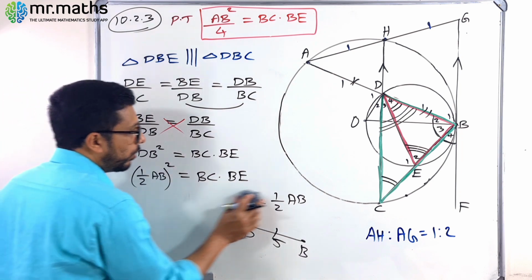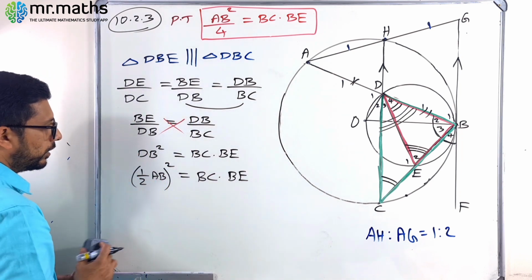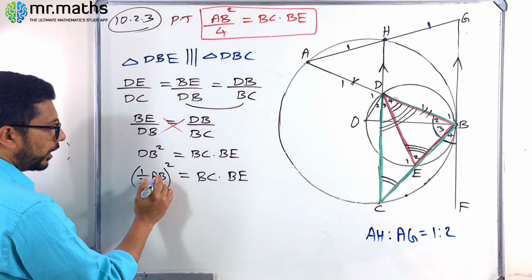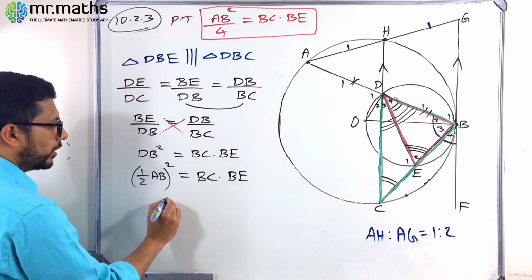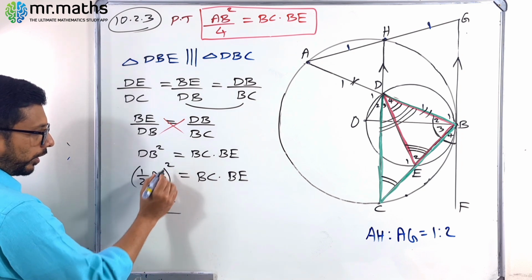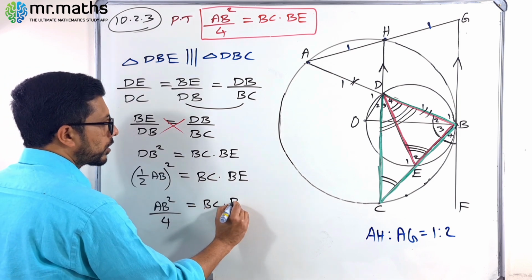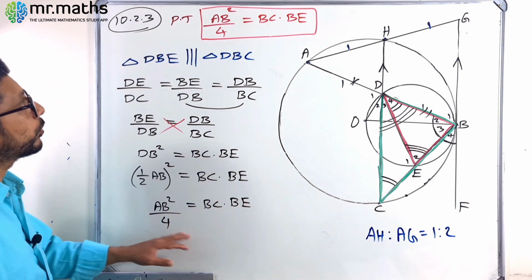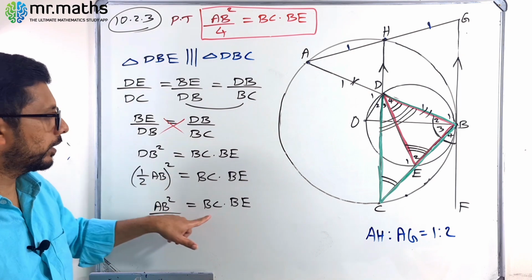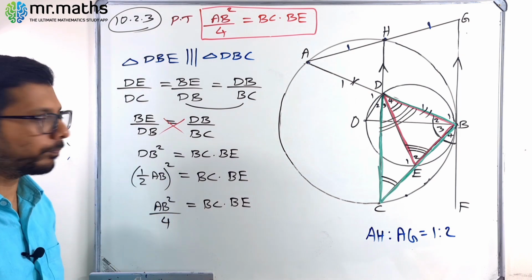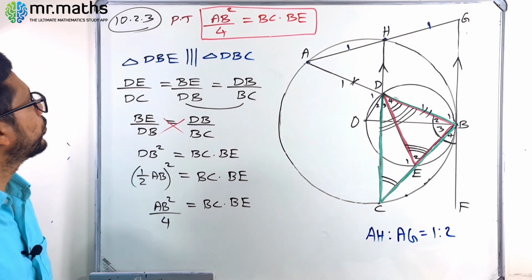Now when I expand this, squared is 1 times AB square, so it is AB square divided by 2 square. 2 squared is 4, equal to BC times BE. Is it not that one we want to prove? AB square divided by 4 is equal to BC times BE. So that is question number 10.2.3.